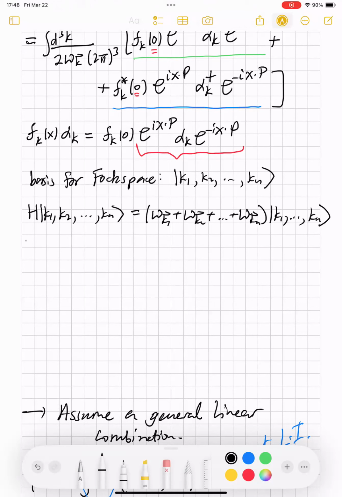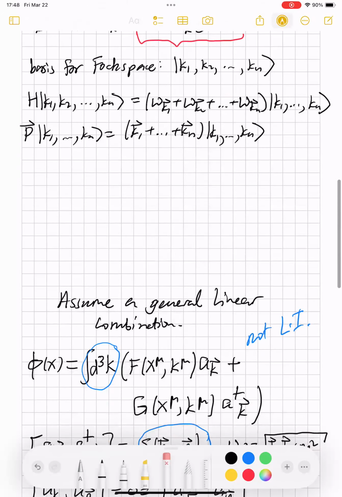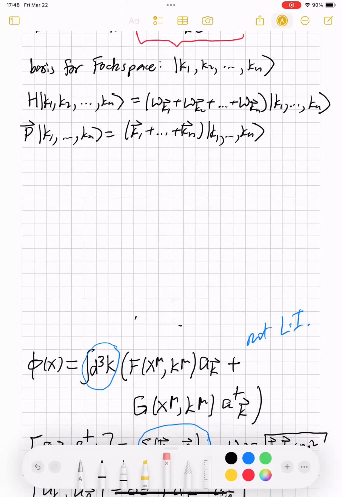And if I take the momentum operator and act on the state, it will just give me the sum of the momenta. You've seen the construction of these Fock space operators, Hamiltonian and momentum. We constructed those in a previous chapter. And now we're going to use this basis to perform our next calculation.